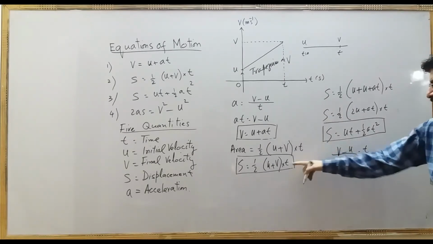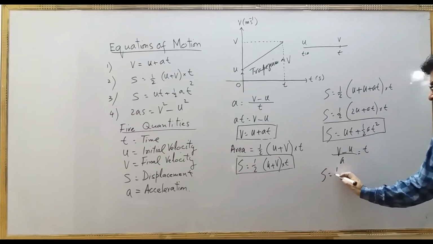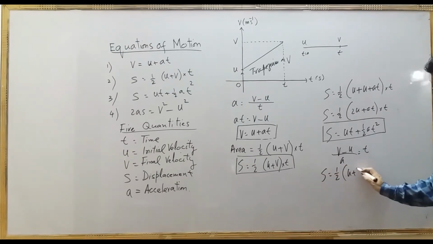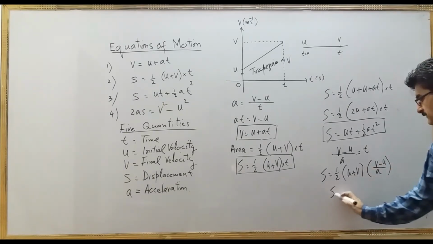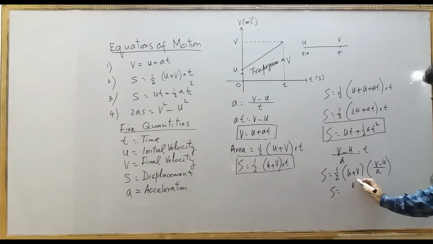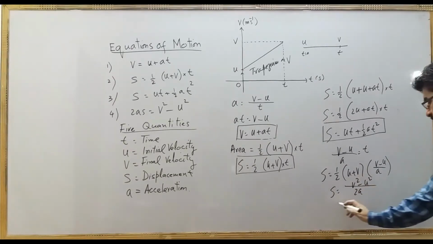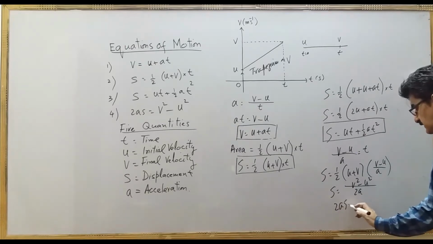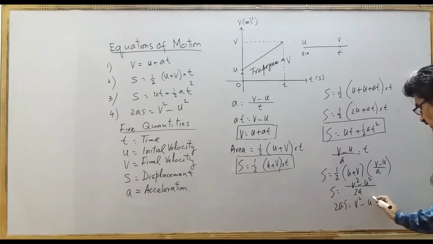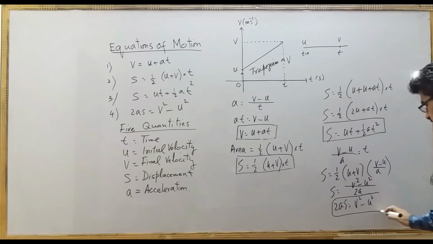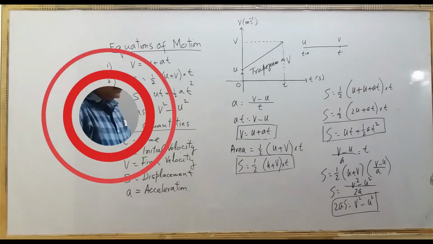Putting this value of t into this equation, you have s is equal to half u plus v into v minus u over a. On simplifying, you will get v square minus u square whole divided by 2a, or you can write 2as is equal to v square minus u square. Now this is the last equation of motion.